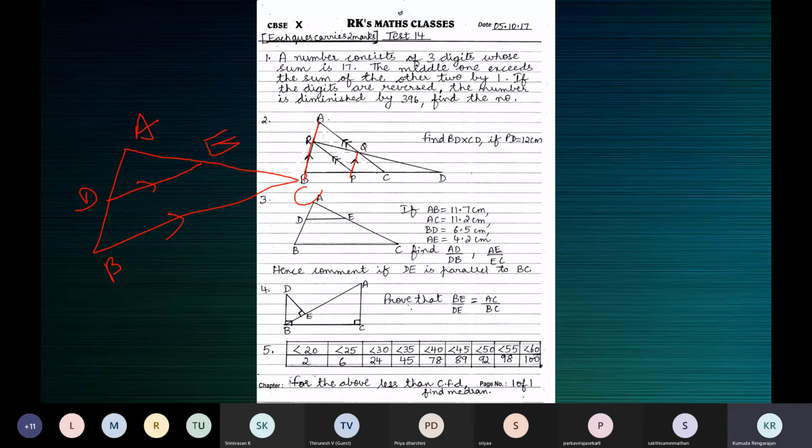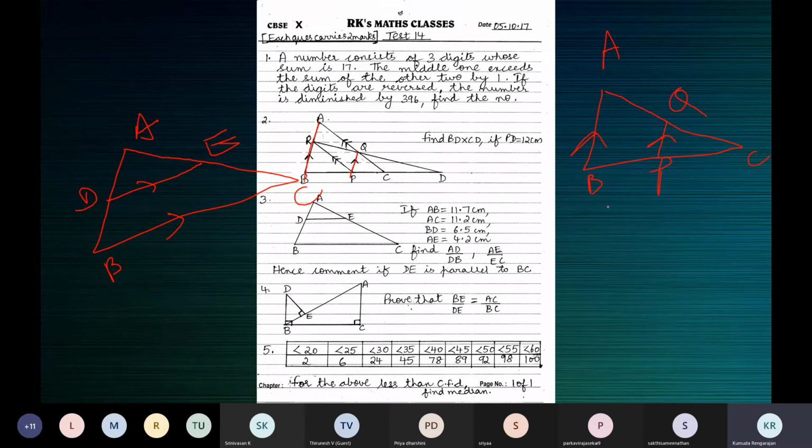Which is the triangle? ABC. Okay, I did not see it correctly. Like this: A, B, C, this is P, and this is Q, right? Okay.